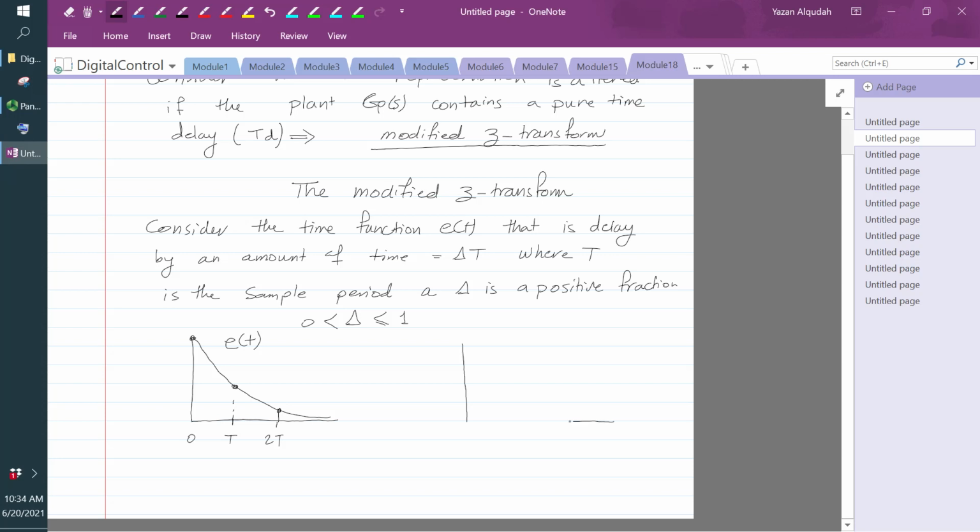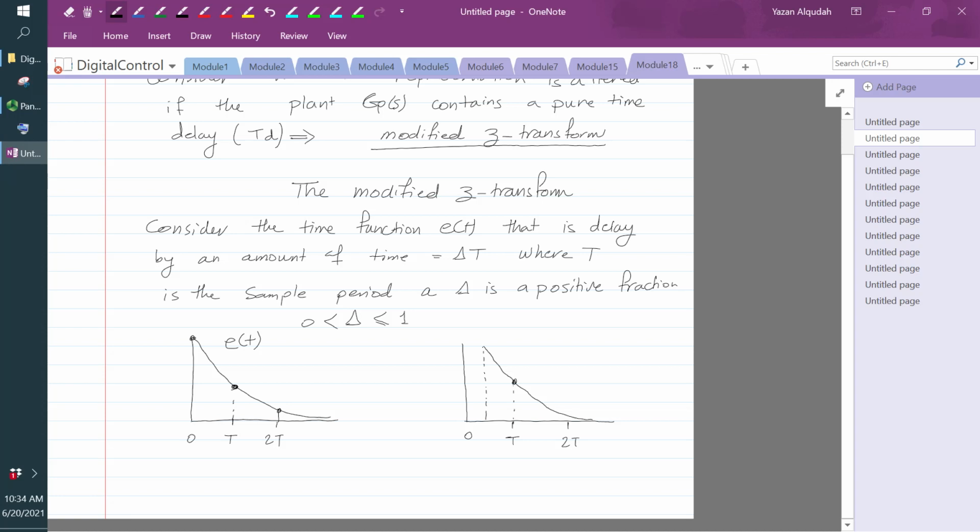Now what happens if I take this signal and delay it? I'm just going to shift it to the right, and it's going to look like this. I'm still sampling at 0, at T seconds, at 2T seconds, etc. But now when I sample the signal at T, I'm not getting this value here, but rather the value here.